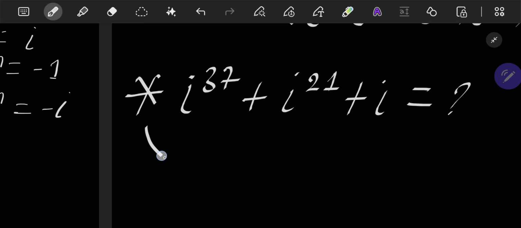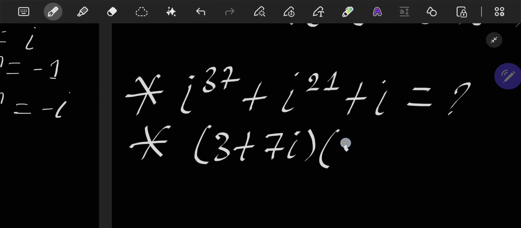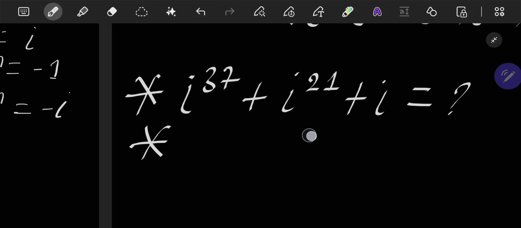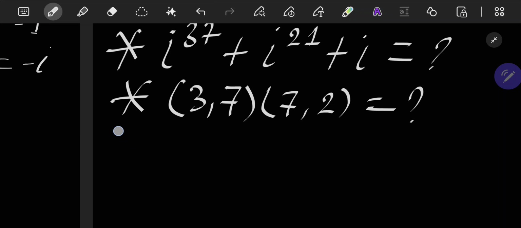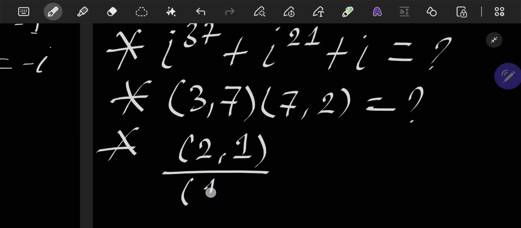The second problem will be multiplying, let's say, 3 plus 7i into, or rather, I should give this as ordered pairs. So 3, 7 multiplied by, let's just use 7, 2. So how much is this? And I also want you to find 2, 1 divided by 1, 2.